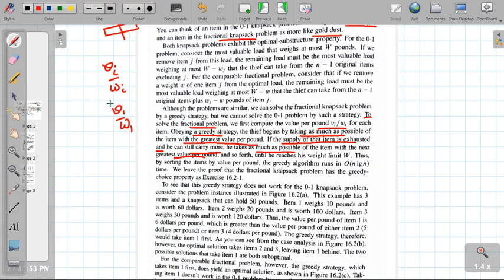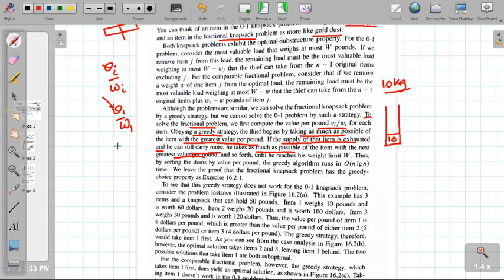After that, if this item is exhausted, say that item only had 10 kg, and my knapsack capacity is 50, I have taken 10 kg and still 40 kg remain. Then how will I fill up the rest of the 40 kgs?